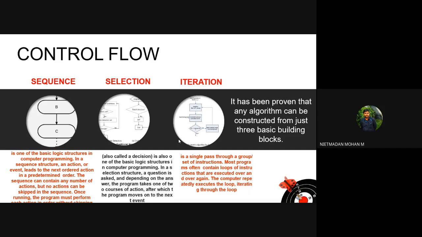Fine. Is it clear? Yes. So these are the 2 parts of selection that we have discussed: decision making and giving the solution. So this is the major concept of selection. You want to make a decision and you want to give a solution.